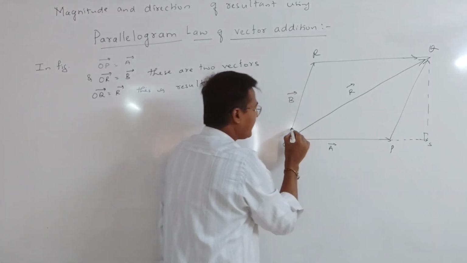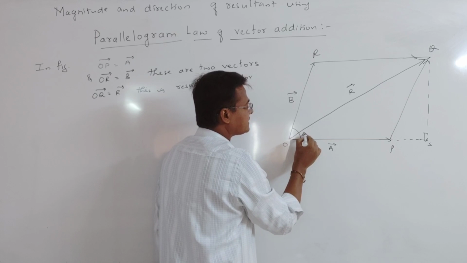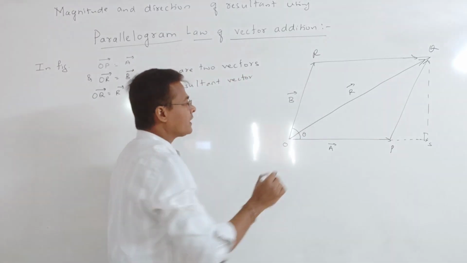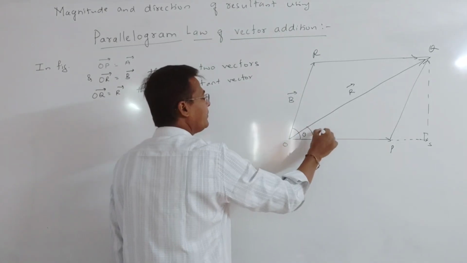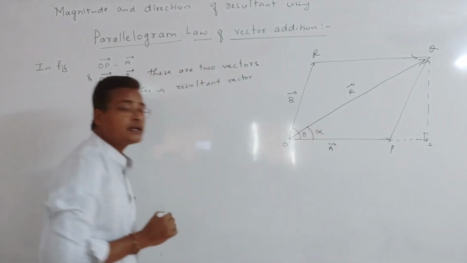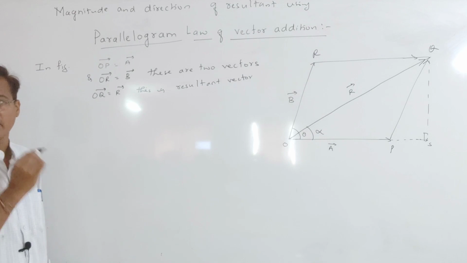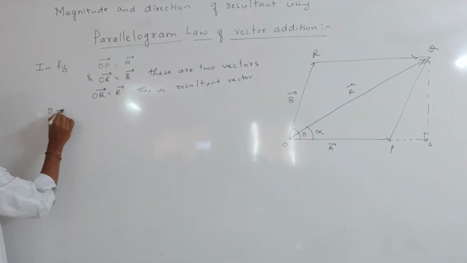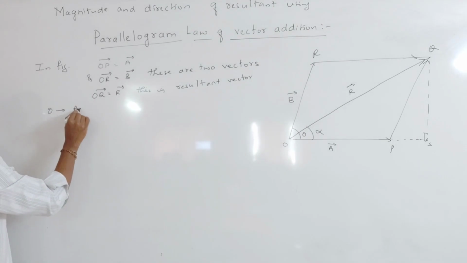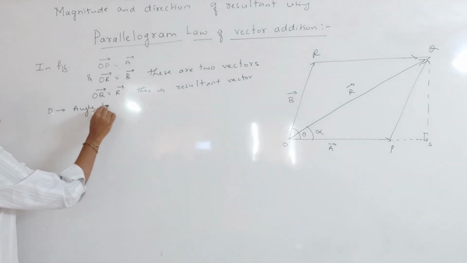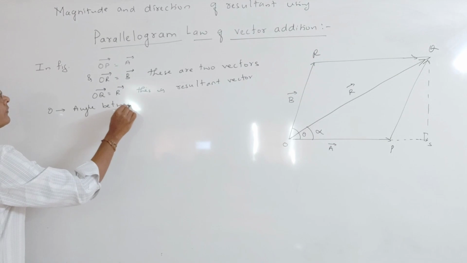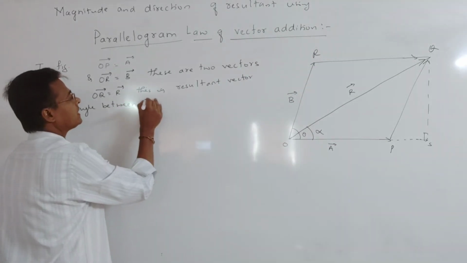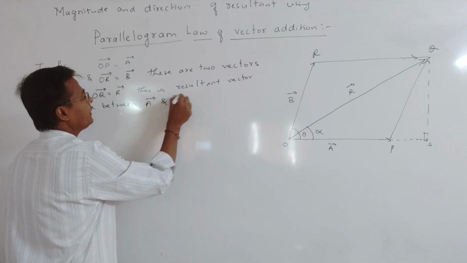So the angle made between the two vectors is theta. Angle made between the two vectors is theta, and this is the angle between the resultant vector and A vector. So here we can see that theta is the angle between A vector and B vector.